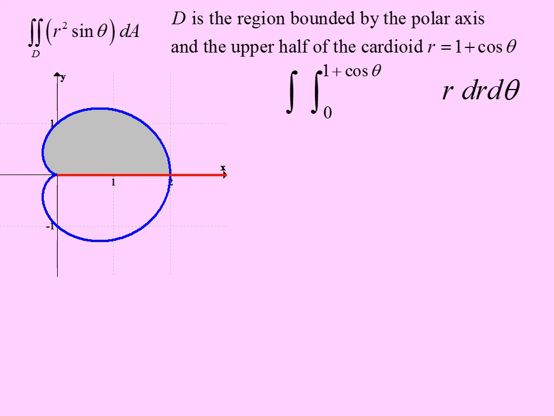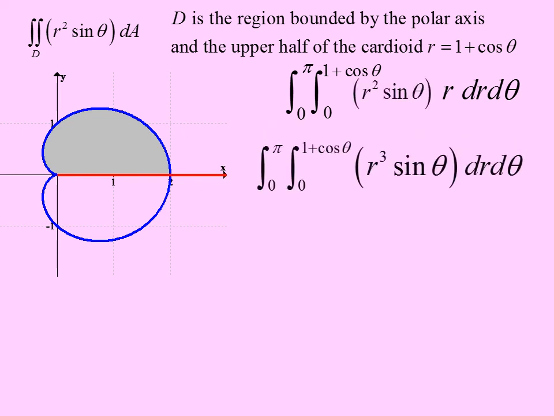Now you could experiment with this on your calculator to see what values of theta give me the upper half of that cardioid. But that's going to be the values between 0 and pi. So the r squared sine theta is already in polar coordinates, and we end up with this integral.